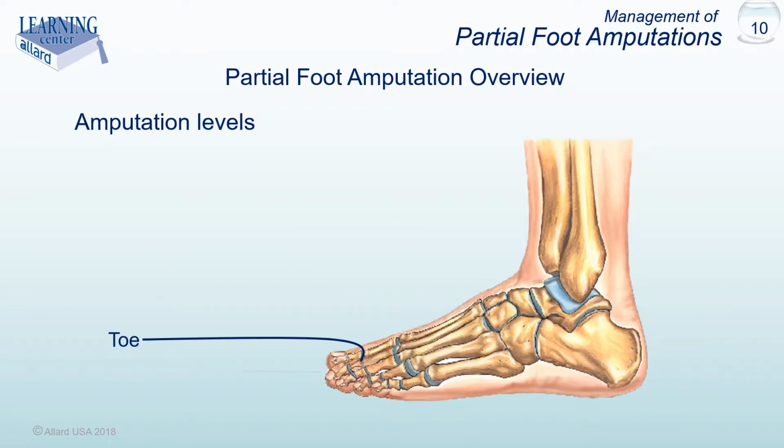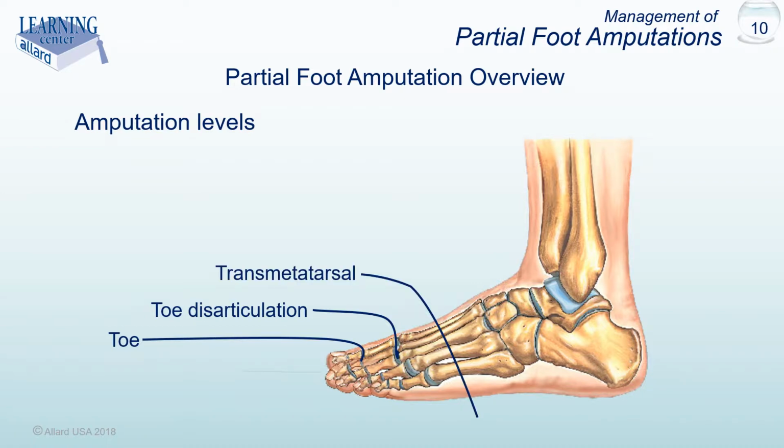The levels of partial foot amputations are fairly straightforward. A toe amputation is usually a disarticulation at the DIP or PIP joint lines. A toe disarticulation is an amputation at the MTP joint line, which leaves the metatarsal heads intact. A transmetatarsal amputation is exactly what it says and is one of the most common partial foot amputations.